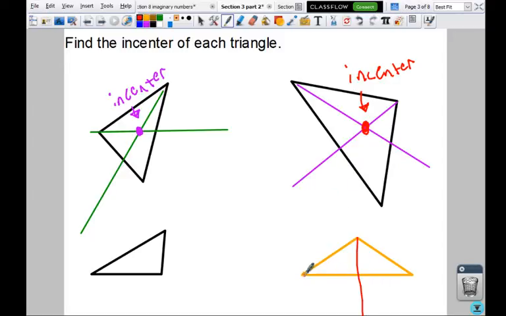Yeah, good enough. First angle bisector. Okay, let's retry that one. That one's not quite good. No, just draw another one. It slipped. There, you got it. Good. Try that again.